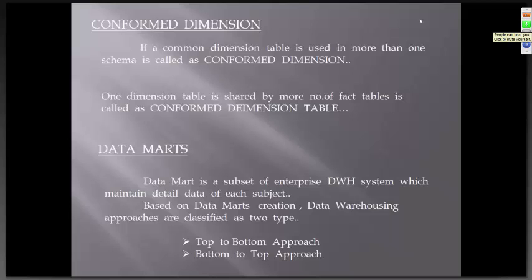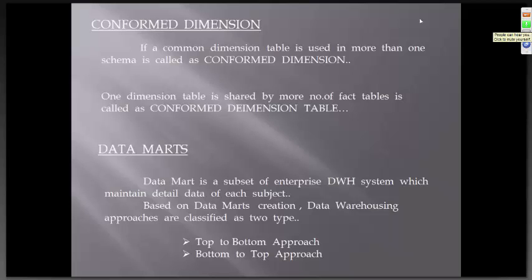Each and every business activity is called a subject area. That means you maintain the information for each subject area at the OLTP level, and this is considered a data mart at the data warehouse level. That's the difference. Understand? Okay.